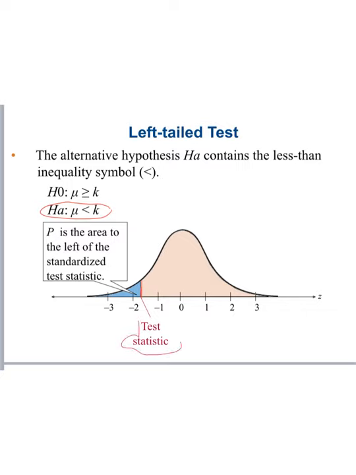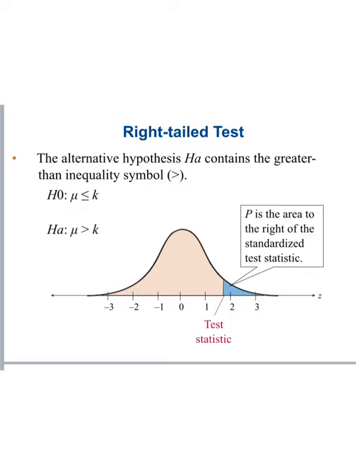This value, the test statistic, you find from a formula, and of course you can use technology to speed up the process, but first start with the formula. So you'd find the test statistic that has something to do with the sample, and then you look at your alternative hypothesis, and if the beak points to the left, that's your left tail test.